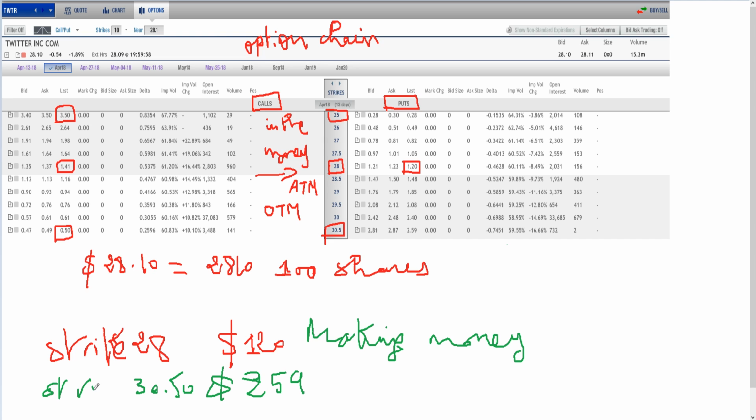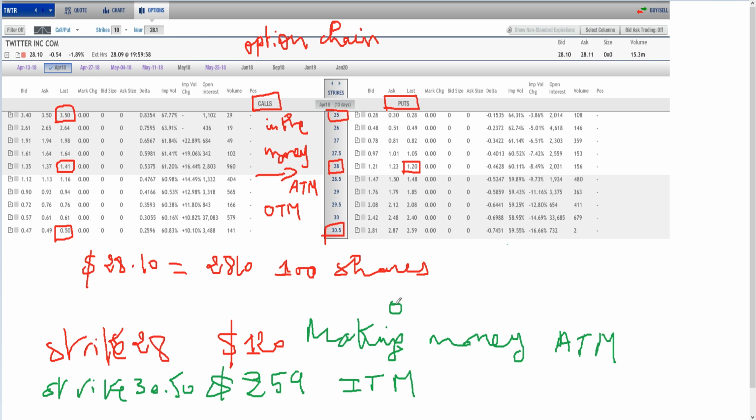It means you are in the money. It means you are buying as if you are buying from the past when the stock was 30. That's why it is more expensive. So this is in the money, and this 28, you are at the money.